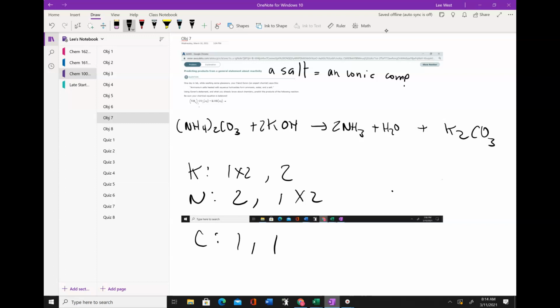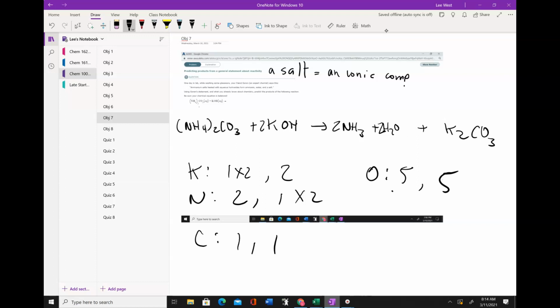Now I'm going to move on to my oxygens. On the left I've got 3 plus another 2, so that would be 5. And on my right I've got 3 plus another 1, so that would be 4. So if I put in a 2 there, that would be 3 plus 2, which would bring that up to 5. So that would be right.